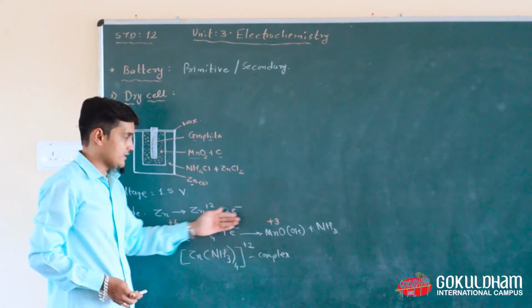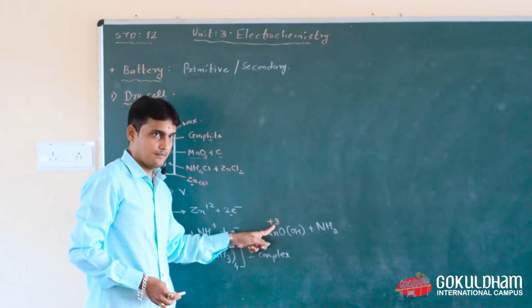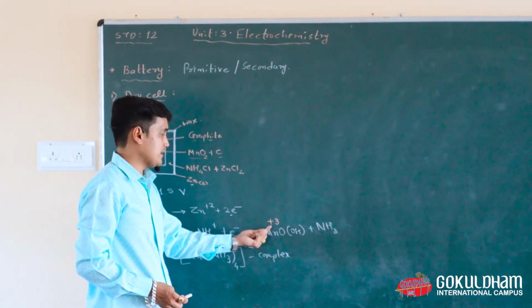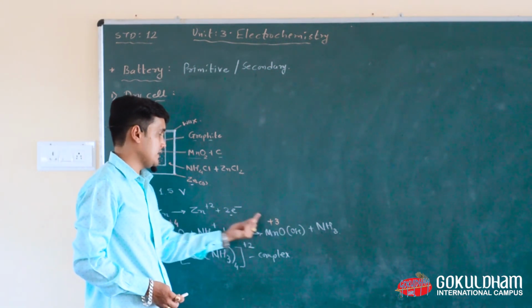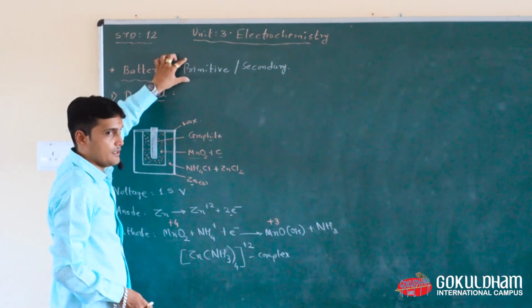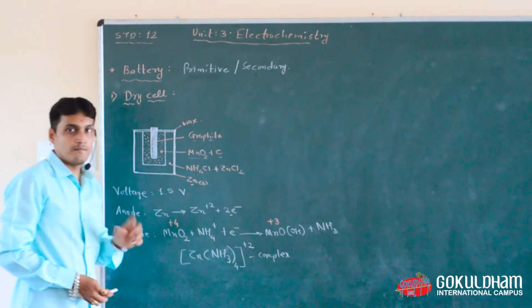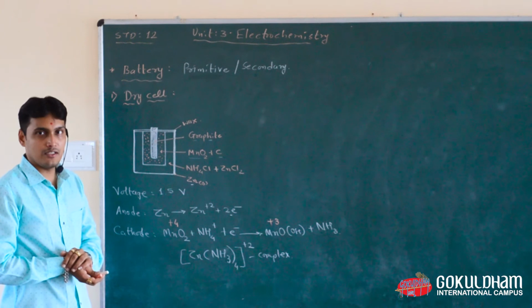This is the discharging process, where plus 4 oxidation converts into plus 3. But we cannot reverse this chemical reaction from plus 3 to plus 4. That's why this cell is known as a primary cell, and you cannot reuse this cell after the chemical reactions are done.